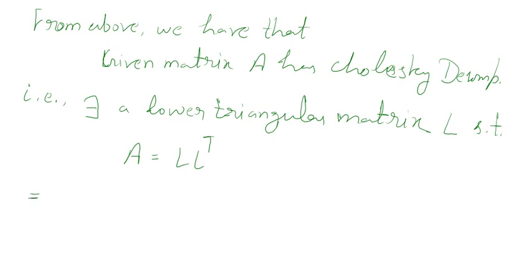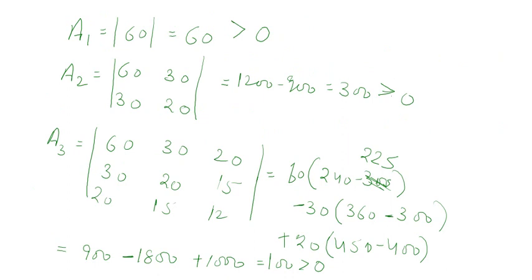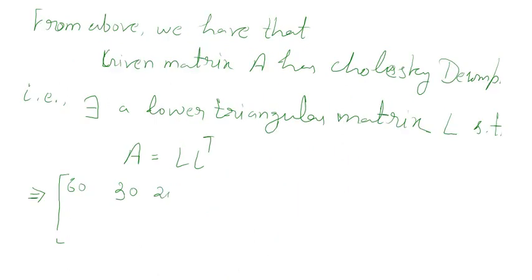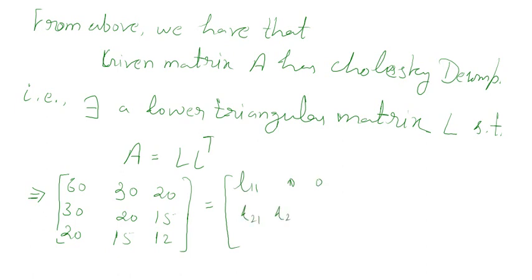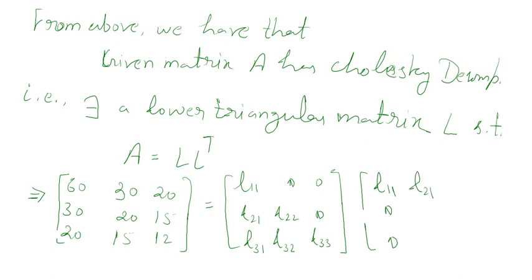This implies that 60 30 20, 30 20 15, 20 15 and 12 can be written as the product of L11 0 0, L21 L22 0, L31 L32 L33 and its transpose: L11 0 0, L21 L22 0, L31 L32 L33.